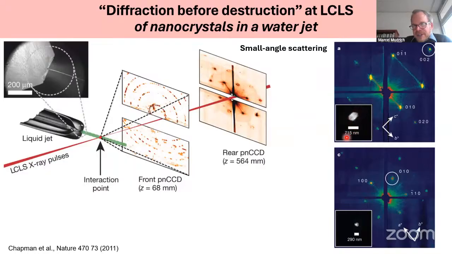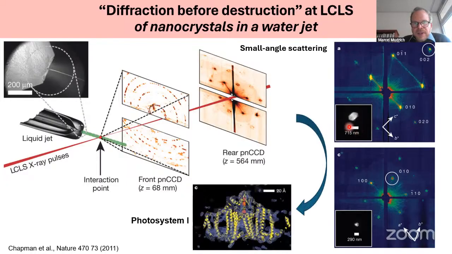So this is more sizes on the length scale of hundreds of nanometers. So this informs about the shape and size of the nanoparticle where the diffraction happened. But overall, the goal is to reconstruct the real space distribution from these different scattering patterns.